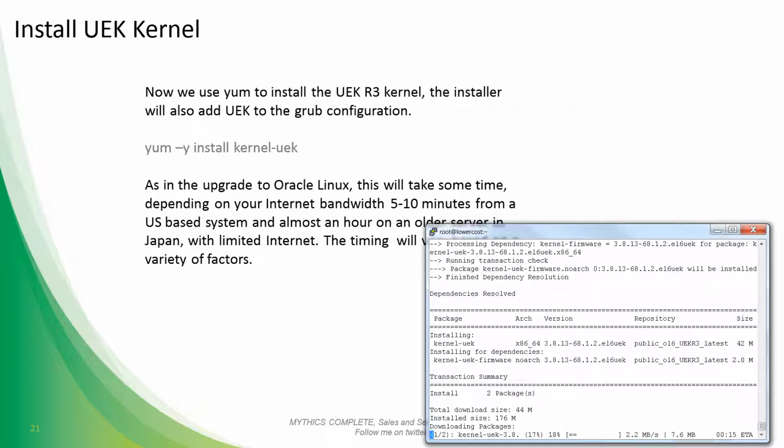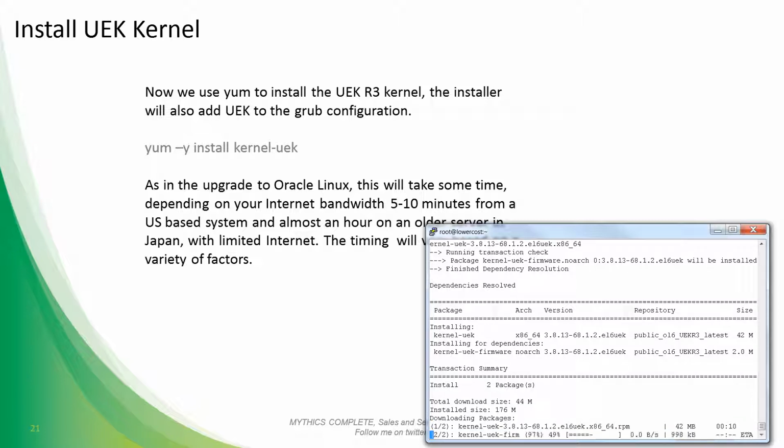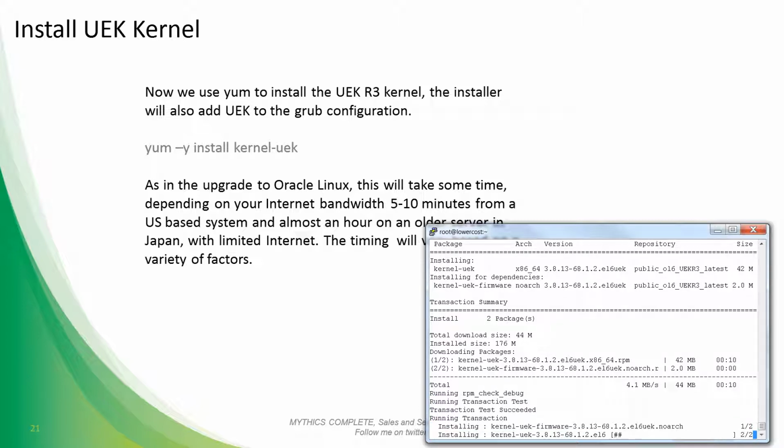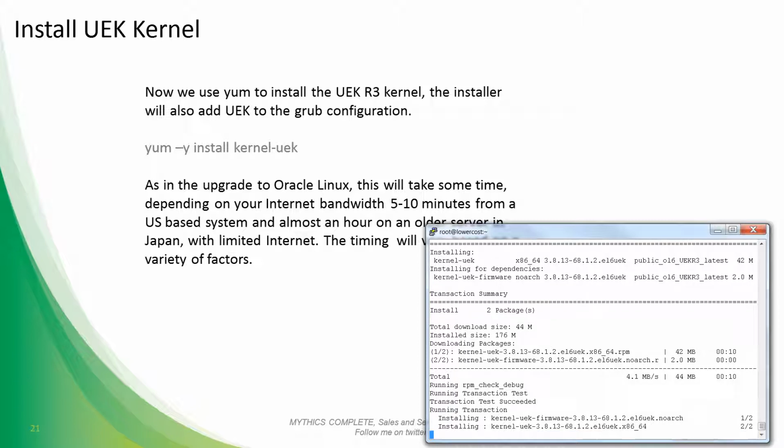Now we have the kernels to download. They're not that large. Not quite 200 meg. So it shouldn't take that long to download them over Wi-Fi. Now we're installing the kernels. If you notice, it also installs the firmware. And now we should have an installed kernel here.